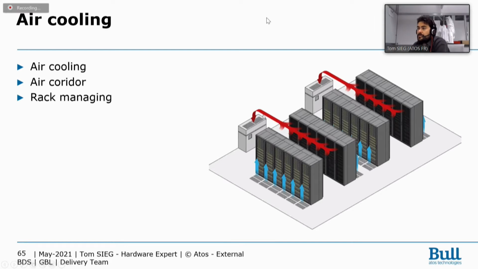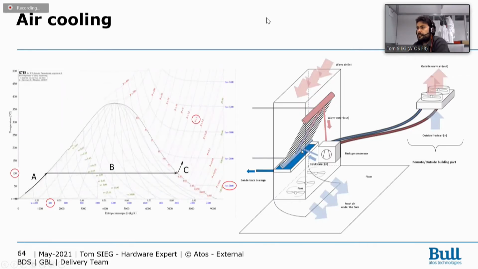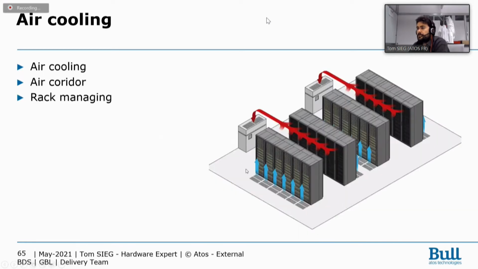You will extract it from the top because the hot air goes to the top. You will cool it like this and put it into the false floor, the raised floor. It will go to the racks at the front of the rack, which is slightly open like this, and go again and again.